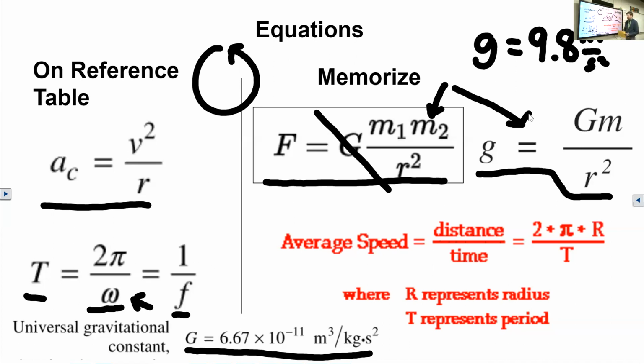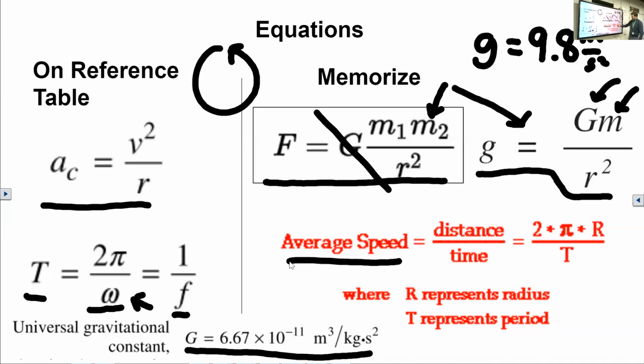So if they ask you about a foreign planet and they don't give you the acceleration due to gravity, you can calculate it knowing big G and the mass of the planet.